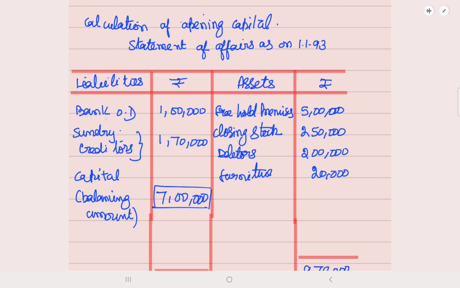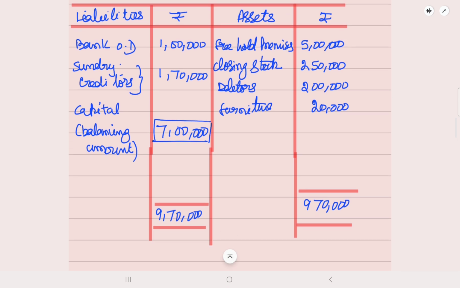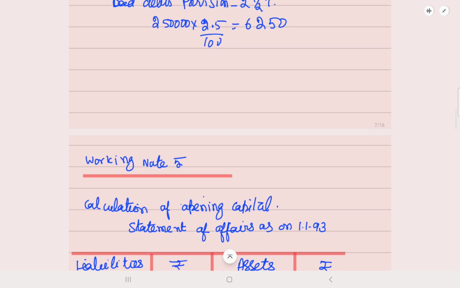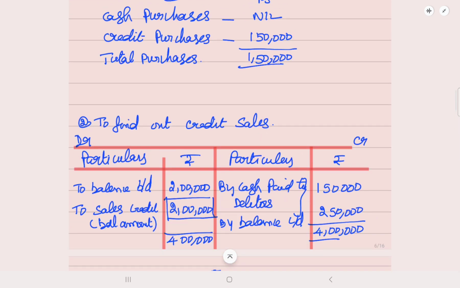Here the cash and overdraft balance is given, so it becomes a liability: bank overdraft 1 lakh, sundry creditors 1,70,000. So the balancing figure 7 lakhs is the capital. So the capital in the beginning is found out.